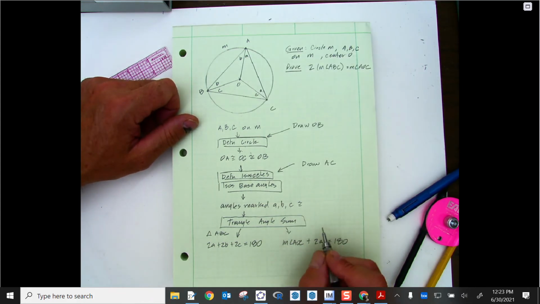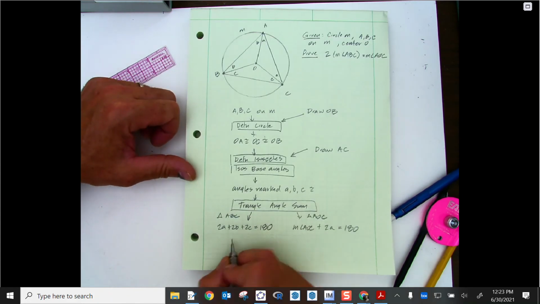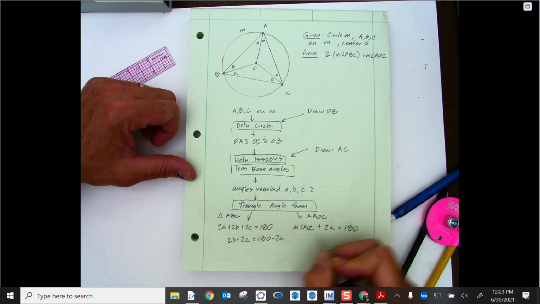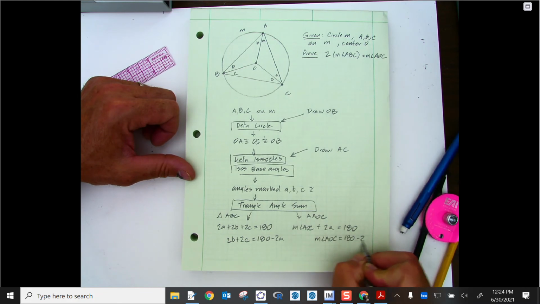And that's in what triangle? AOC. And then we do some algebra, right? We get 2 times b plus 2 times c equal 180 minus 2a. And then the measure of AOC equal 180 minus 2a.